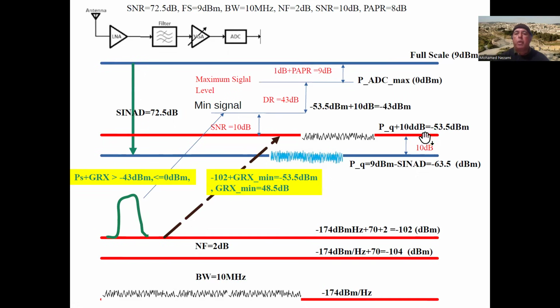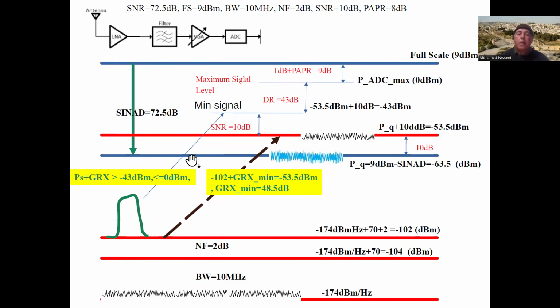And then we add 10 dB above that, where we want our broadband background, the thermal noise, to be placed. I'm going to come back to this in a moment. And then on top of this, we have to have a certain magnitude of signal level to be able to demodulate, which is the signal to noise ratio, say 10 dB, for instance, and that puts you right at minus 43 dBm.